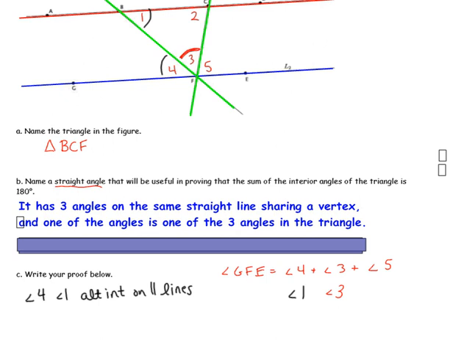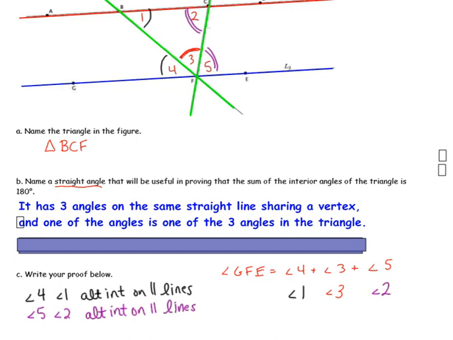Then I also know that angle 2 and angle 5 are alternate interior on parallel lines. Angle 5 and angle 2 are alternate interior on parallel lines, so they are equal to each other.